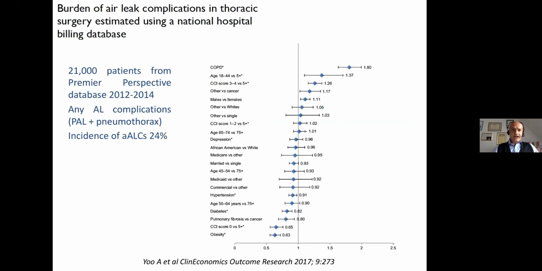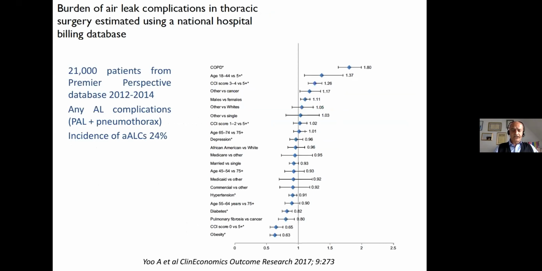Obviously, the burden of air leak has been investigated by several authors. This is, for instance, a recent paper from the Premier database, which is an administrative database, not a clinical database.